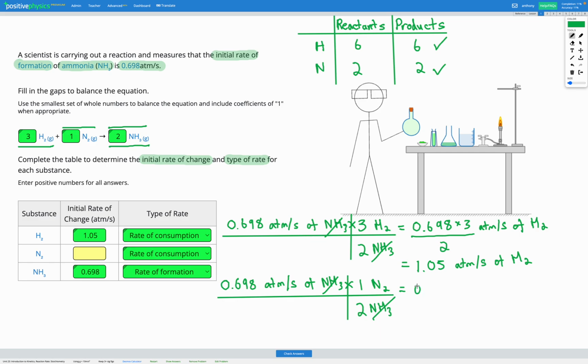So that gets us 0.698 multiplied by 1 divided by 2 atmospheres per second of nitrogen. Putting that into our calculator, we're going to get 0.349 atmospheres per second of nitrogen. So again, let's go ahead and fill that in to check we got that right.